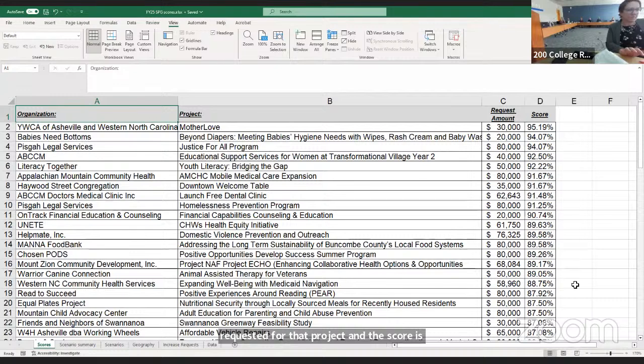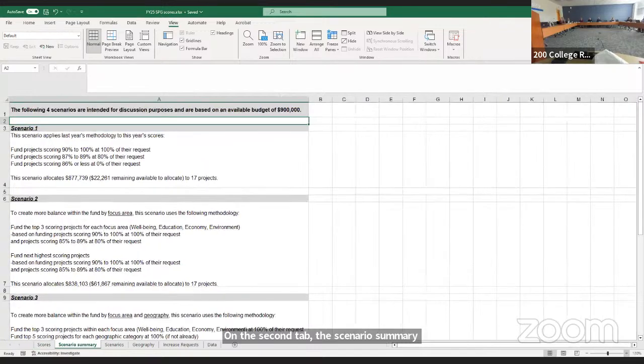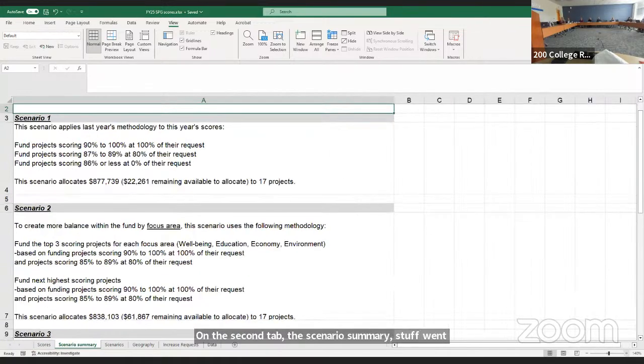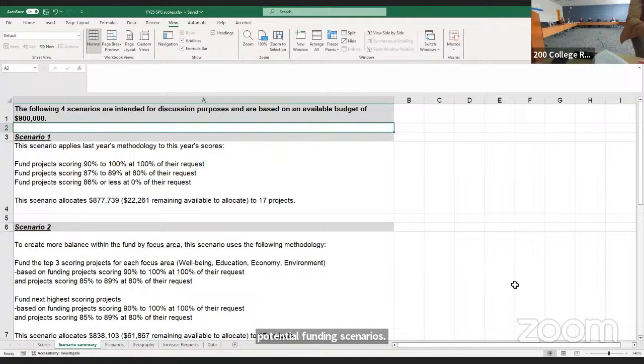On the second tab, the scenario summary, staff went through and created a few starting places for potential funding scenarios. And we'll walk through each of these in a moment, but we specified narratively what each of those scenarios entails, hopefully to give a helpful overview of what we're looking at.